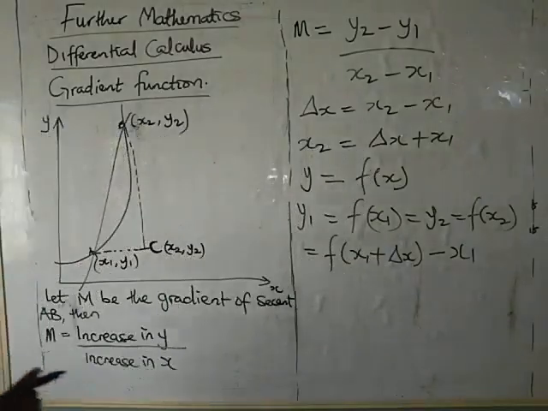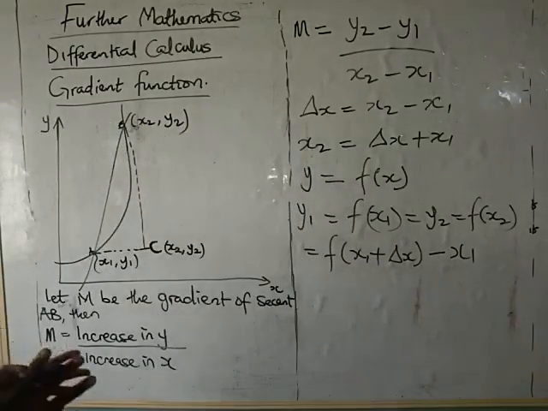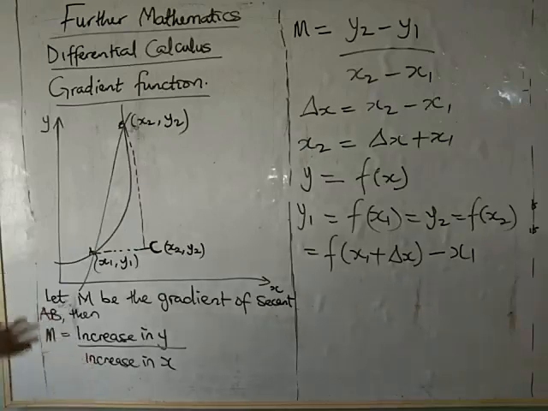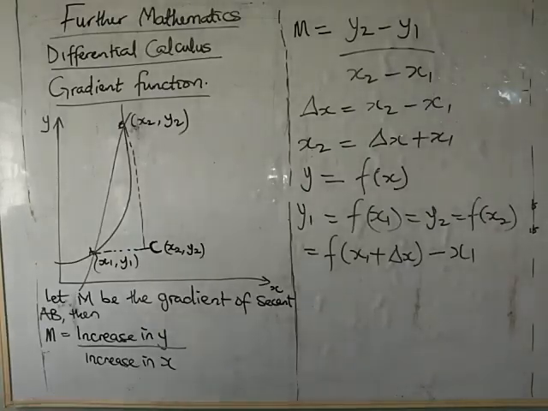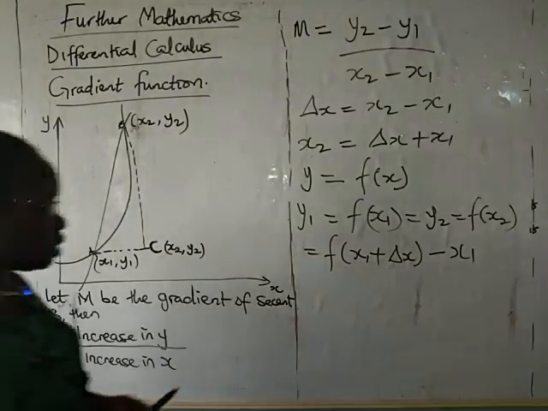At this point in time, we are trying to measure the rate of change. As the x value is increasing, definitely we should expect an increment in the y value as well. Let me quickly digress and remove this.